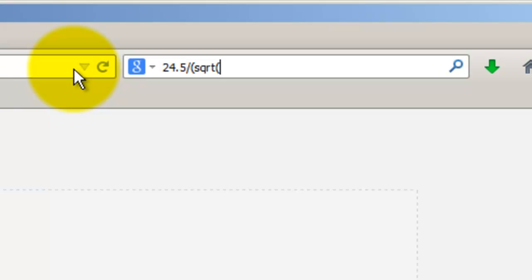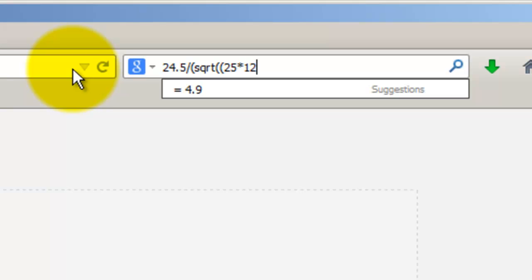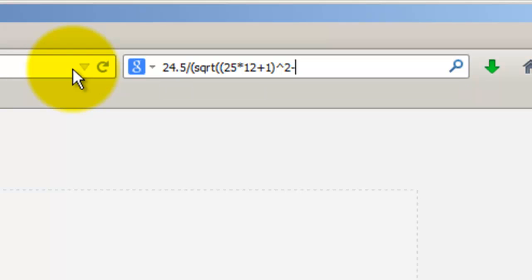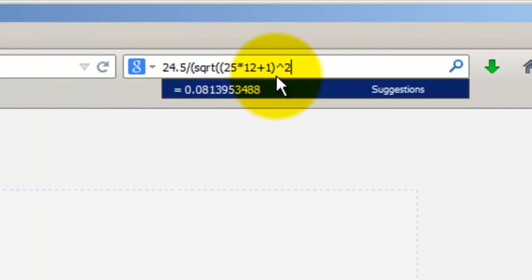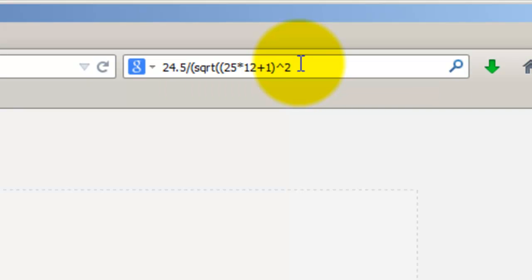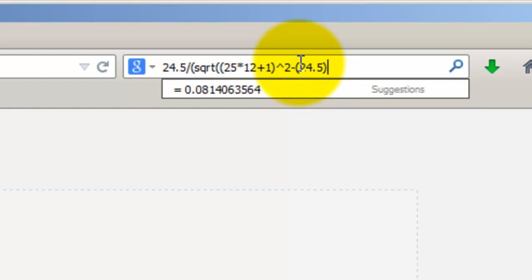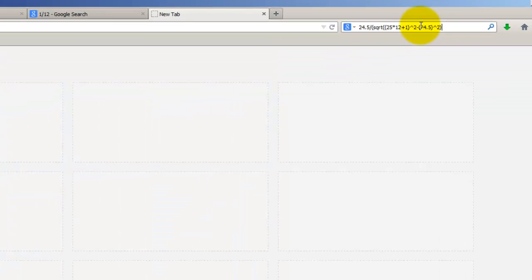So we've got to take the square root of the hypotenuse squared, which is going to be 25 feet times 12 inches plus 1, all squared, minus, notice right there at that point, Google's telling us there's an answer, but we have to take away the rise squared, which is 24.5 squared. All right, let's strike enter.